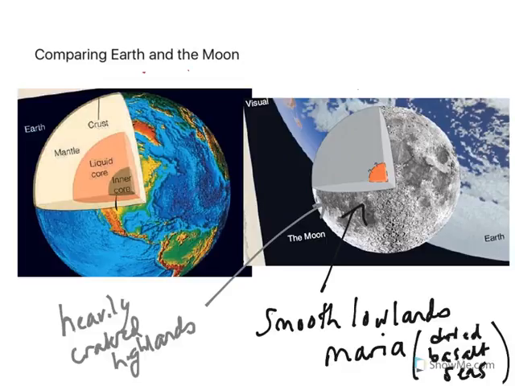Now, how is it that the moon has rocks that are very similar to the crust on Earth? Well, there came an idea of how the moon formed, and it's called the Large Impact Hypothesis. This hypothesis proposes that the moon formed when a very large planetesimal about the size of Mars struck the proto-Earth, the very, very young Earth.